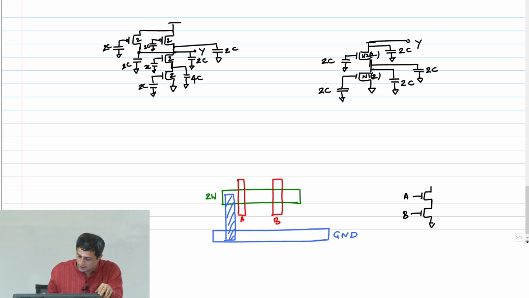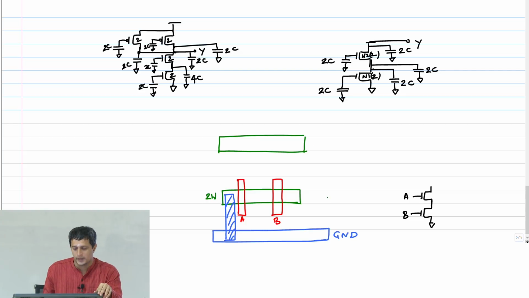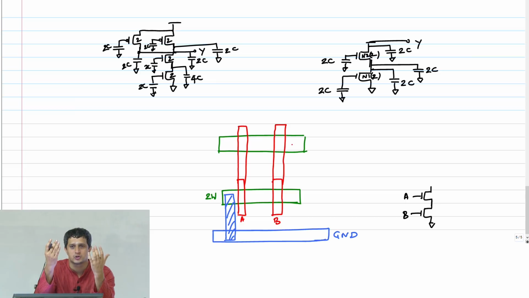Similarly, I have a PMOS, but now this PMOS is going to be in parallel, right? So I'm going to simply extend this gate all the way. And if you remember, it is not possible to bring these two transistors PMOS and NMOS very close because there's a well spacing problem, right?